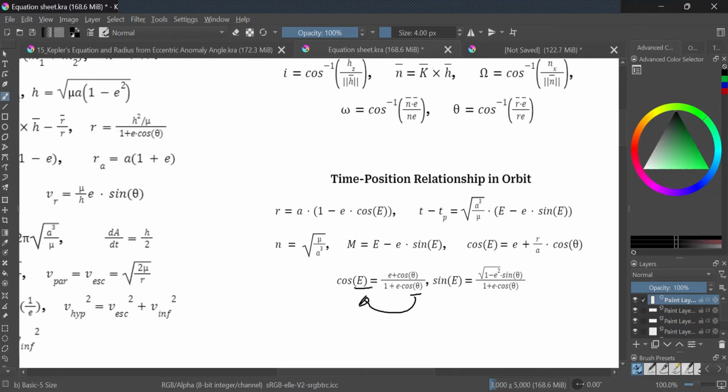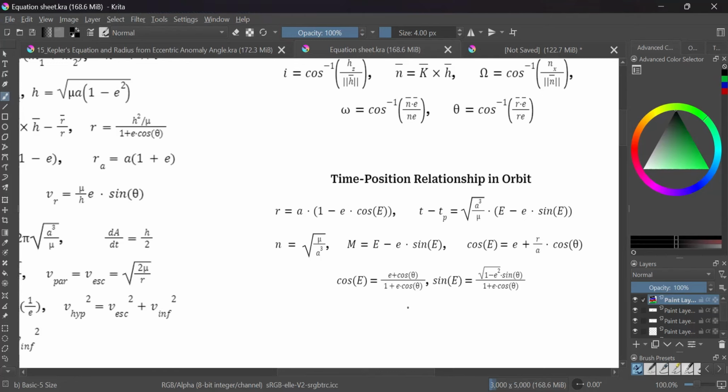But what we're lacking is the ability to go from the eccentric anomaly angle back to theta, so that we know after an amount of time has passed where we're going to be in the orbit. And there will be something about that later.